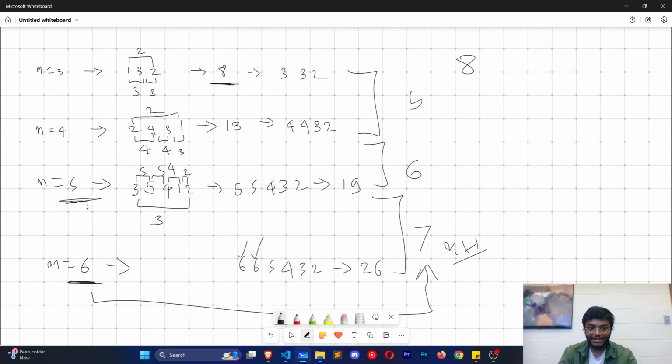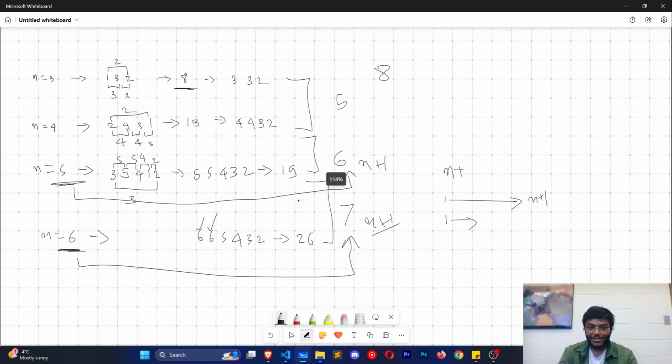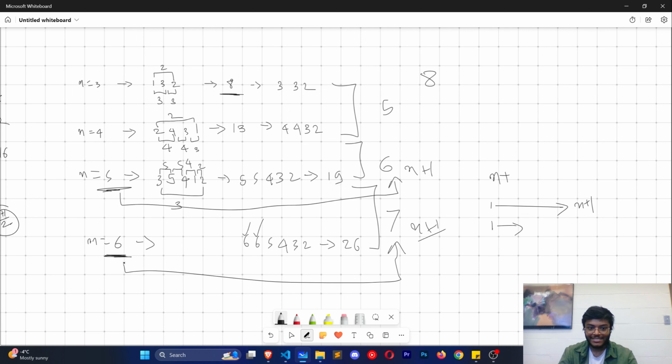If n is equal to 5, this is n plus 1, right? So what we do is we find the sum from 1 till n plus 1, and then we subtract 1 till, so what is the minimum value? If n is equal to 6, the minimum value is 2, right?